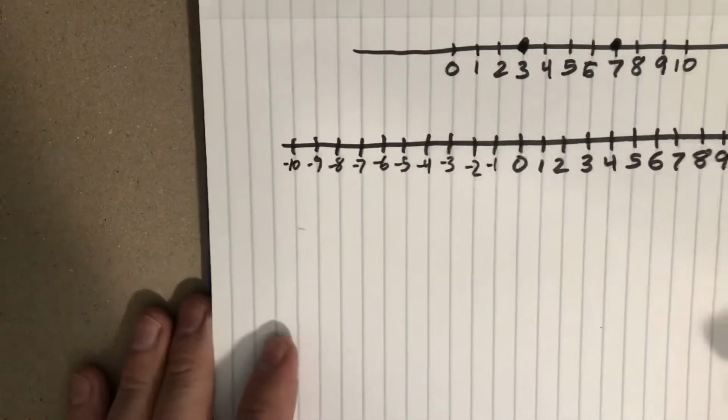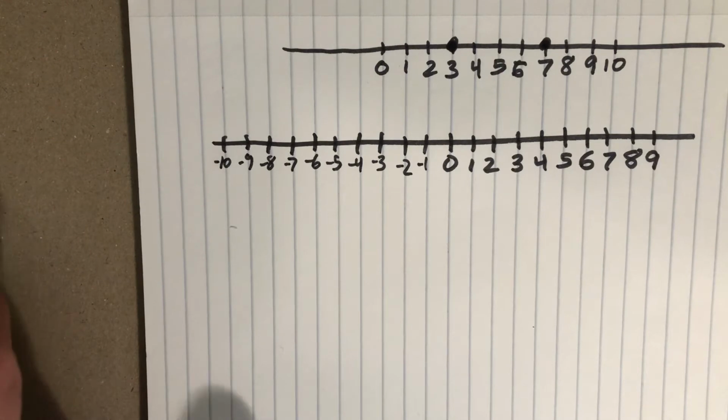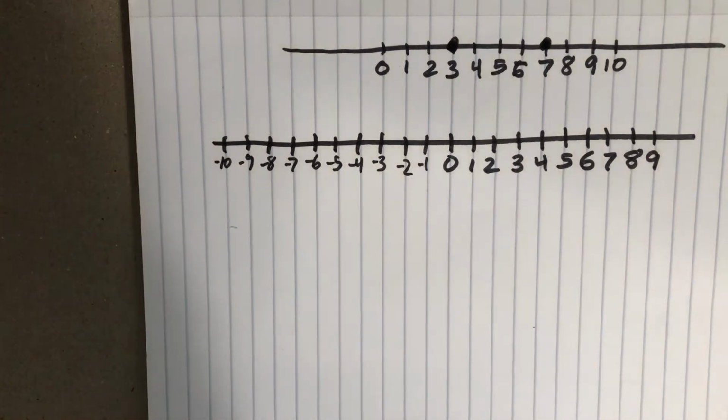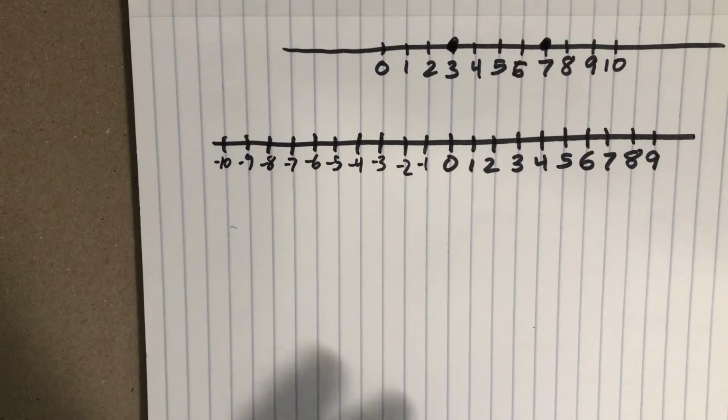Keep in mind that having this visualization is going to give you much better luck working with integers. Many students try to kind of figure their way through, but having this as a visual is going to make it much more likely for you to fully understand how integers and their opposites work.